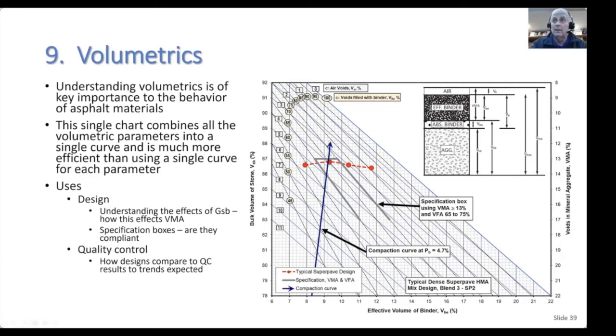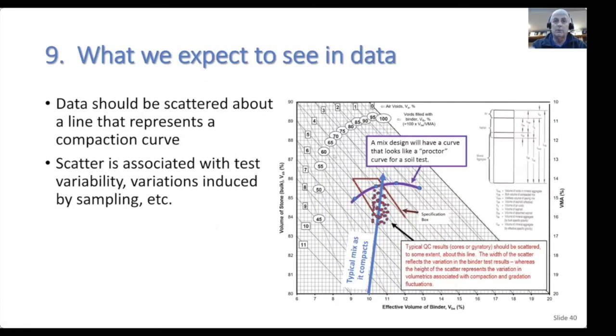And typically, when we see a test result or test results on site and plot them on this type of chart, we should see the data being scattered about a typical compaction curve, something like this. And depending on whether you have air voids or VFA, it doesn't really make any difference. The scatter should always be the same sort of direction.